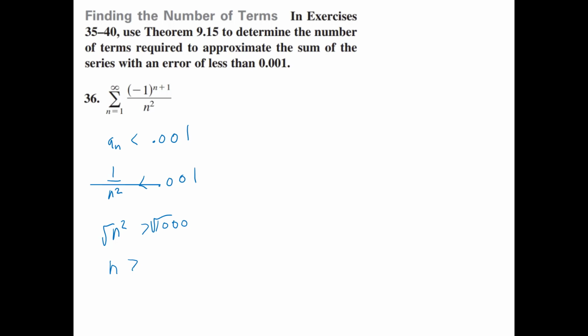So n needs to be greater than or equal to 32. As long as we are greater than or equal to 32, then we will be fine. Okay, so you need 32 terms. Once you get past 32 terms, you will be within 1 thousandth.